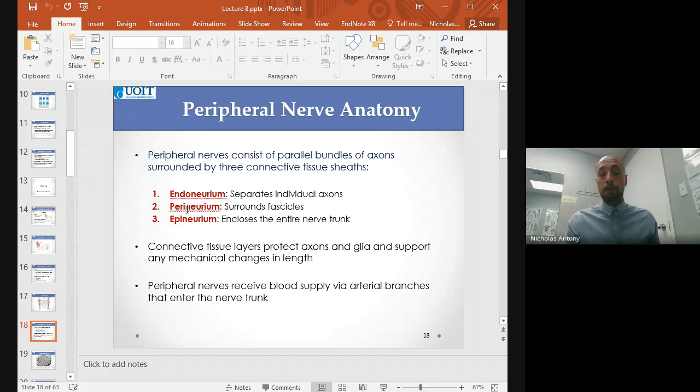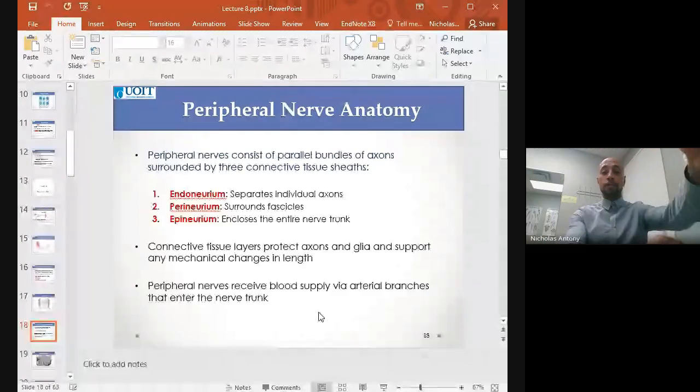Okay? Now, the connective tissue is there to hold everything together. It's helpful because little blood vessels go into our nerves that help supply the neurons within the axons, or within the nerve bundle. The connective tissue of the nerve is very important because nerves move when we move, right? They're under tension if I reach.